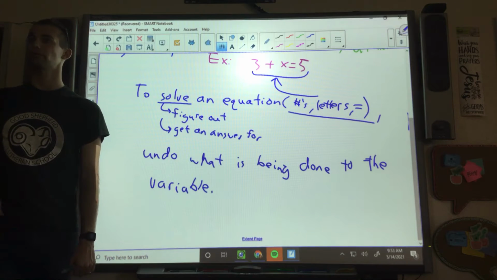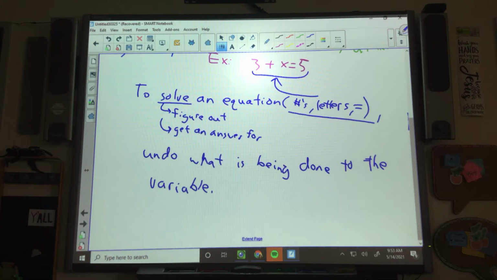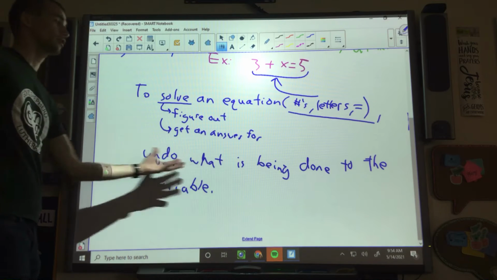I'll give you guys about 10 more seconds. Are you taking notes or are you looking at it? Not a good choice. Try again. Undo what's being done to the variable.